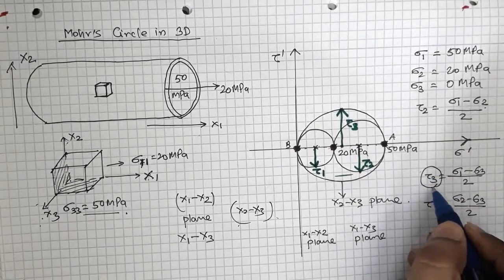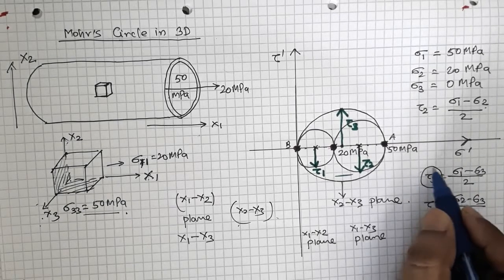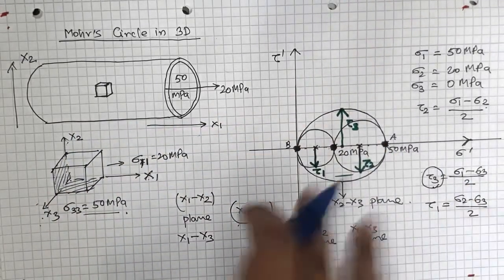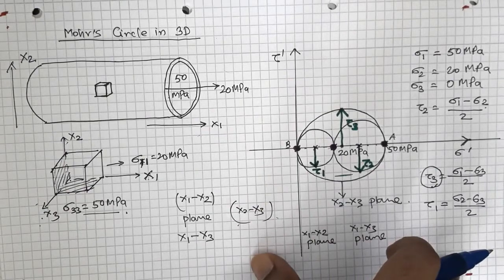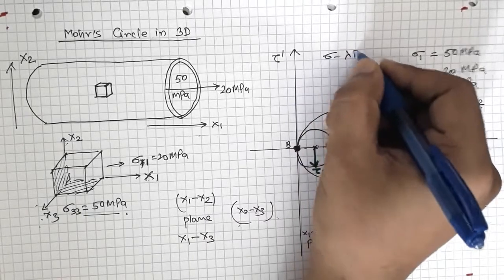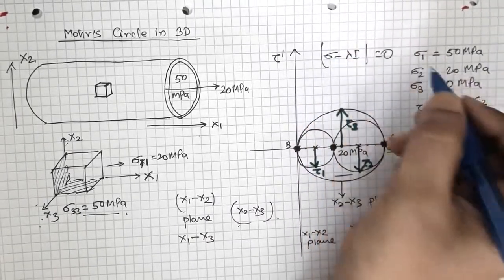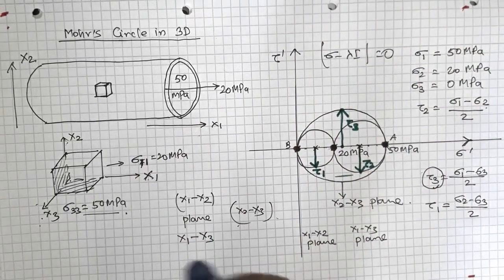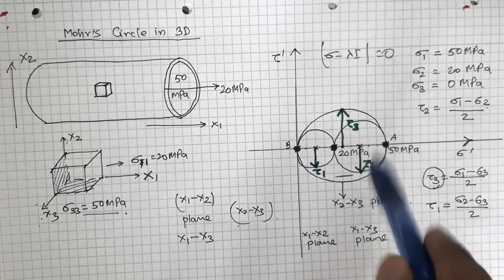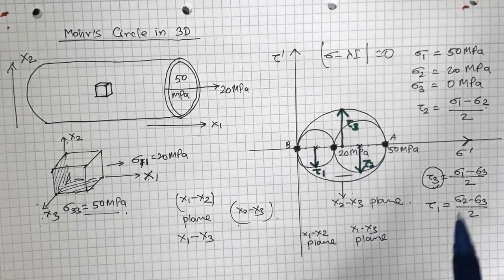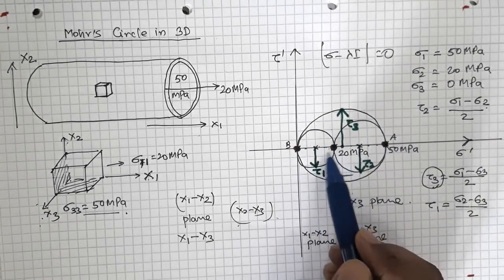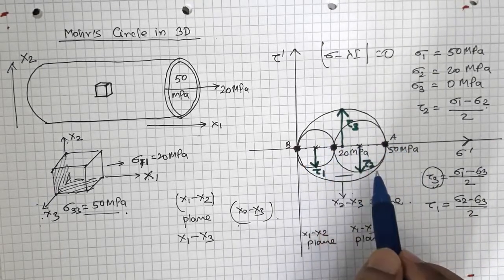You can calculate this maximum shear stress by defining an equation for shear stress and then maximizing that equation. You can find the principal stress by solving the equation determinant of (sigma minus lambda I) equal to 0. But if you happen to know the principal stresses, then you can simply draw this Mohr circle and calculate the shear stress just from the drawing, and you can find out many other important things, right?